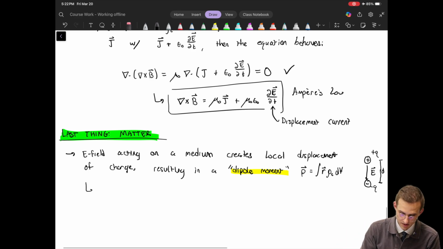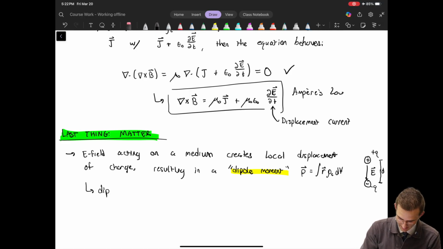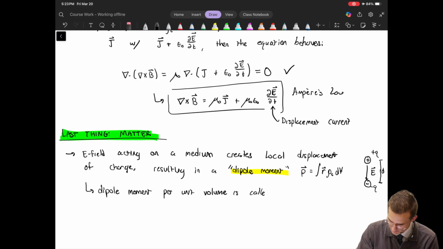Now the dipole moment per unit volume is called the polarization. Polarization, another vocab word here.